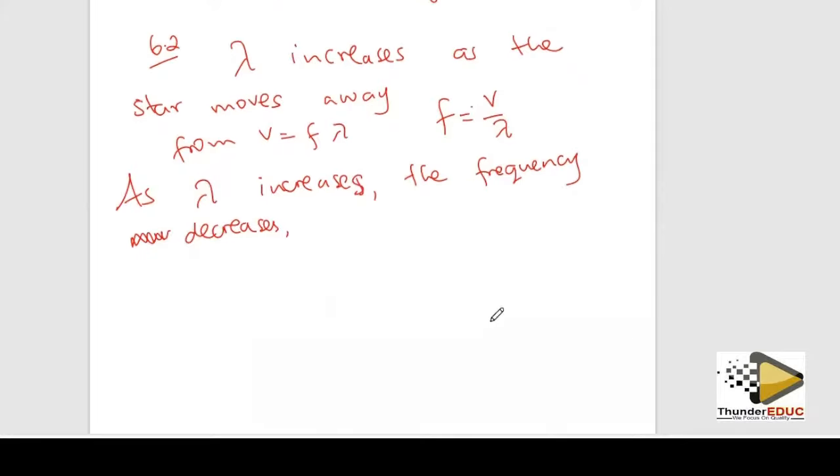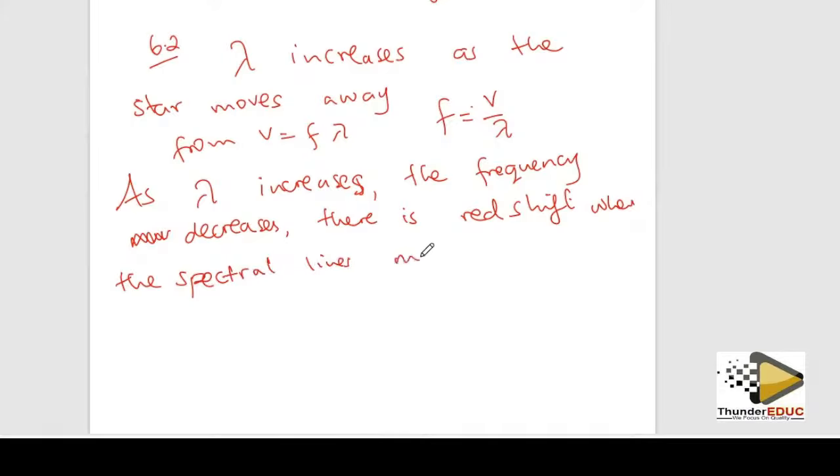It simply means that there's going to be a redshift, where the spectral lines will move towards the red, the orange, and the yellow kind of thing.